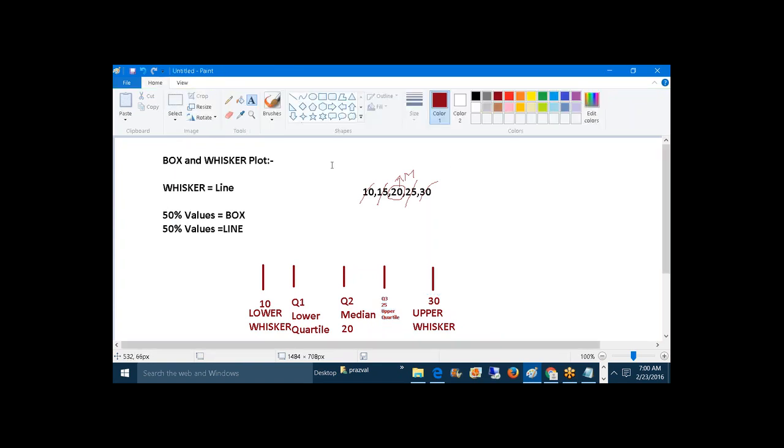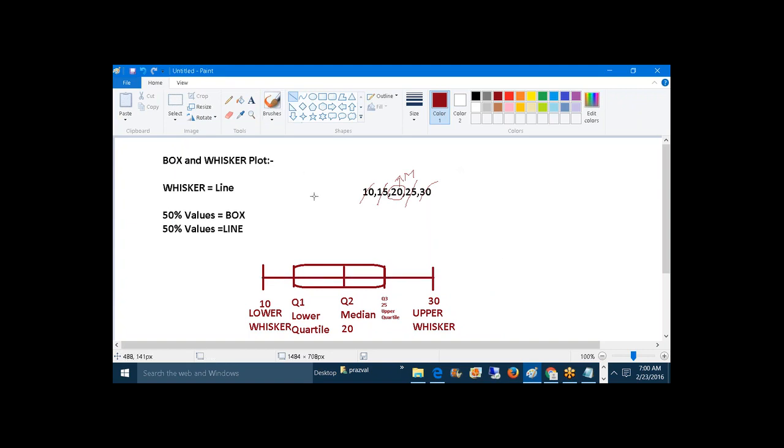And it is going to combine these 3 values in the form of a box, combining all the values with one line like this.